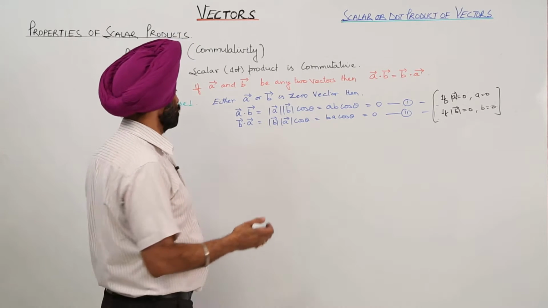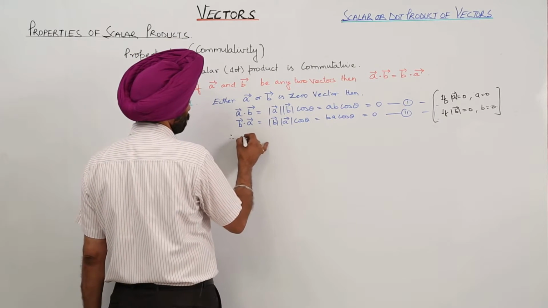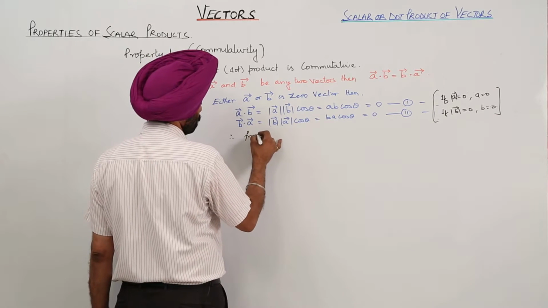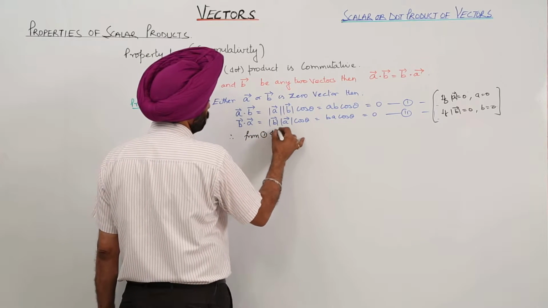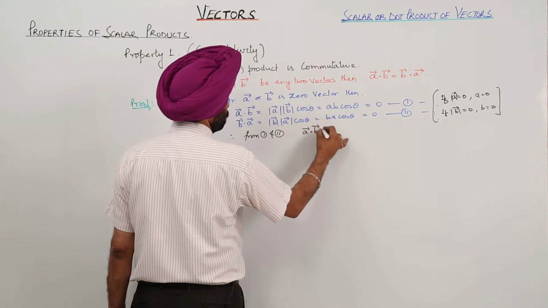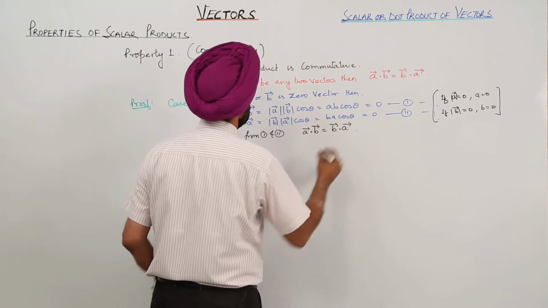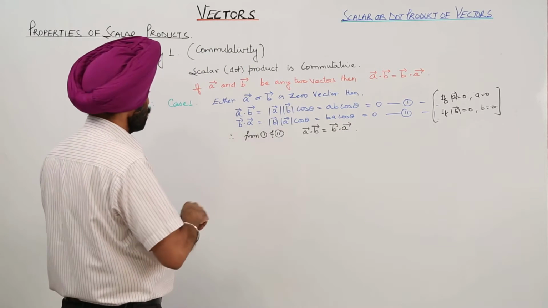Either of A or B is 0. Therefore, from 1 and 2, A dot B is equal to vector B dot vector A. This is case 1. Now case 2.